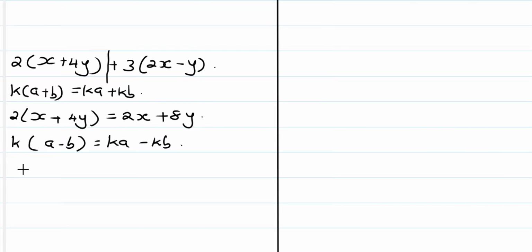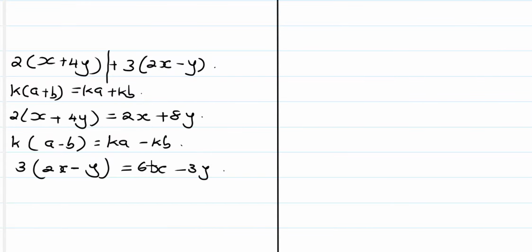So 3 takes on the place of k, then into 2x, where it takes on the place of a, and then y takes on the place of b, which is minus y, like that. And then when you multiply, it becomes 3 multiplied by 2, it becomes 6x, then minus 3 multiplied by y, which is 3y.